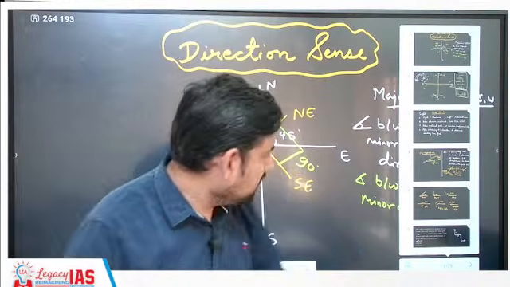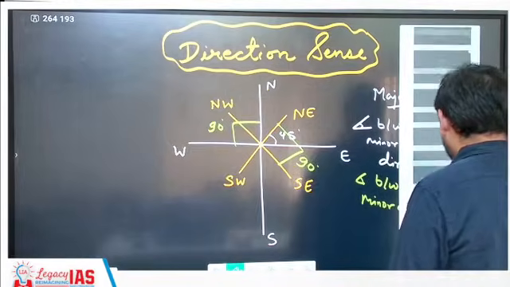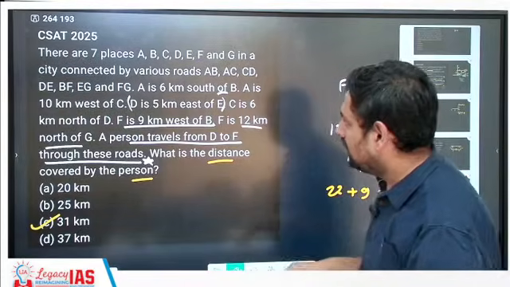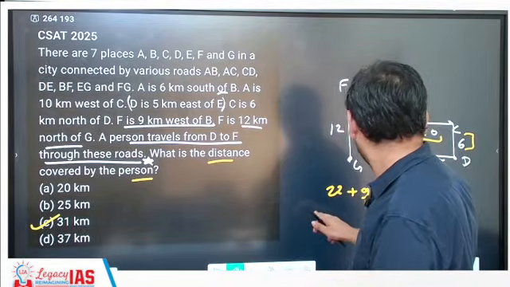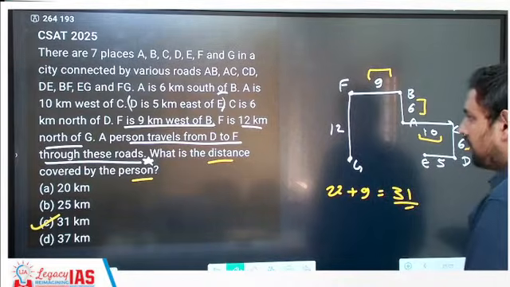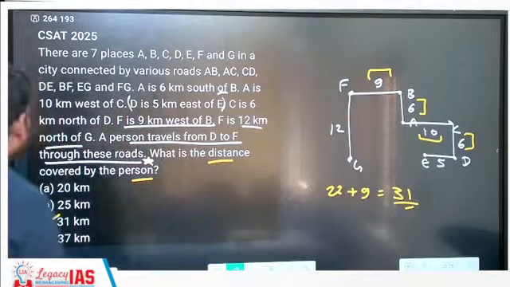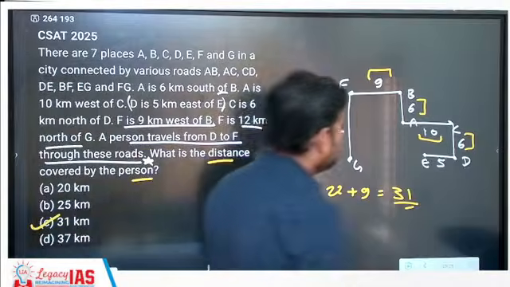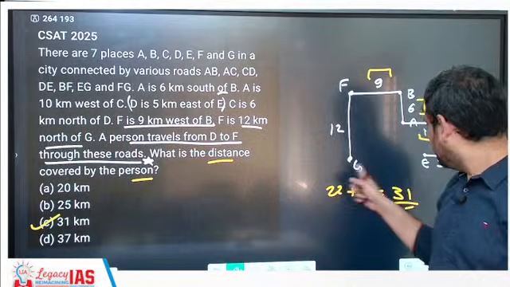No, EG is... Satish is asking a doubt. Okay, connected by EG and G. What is the distance covered by this person? Yeah, you can take that route also. D and EG you are taking.